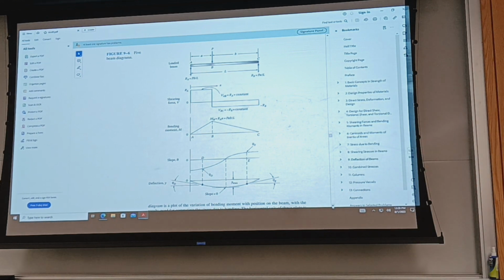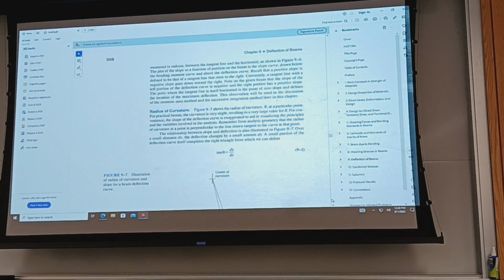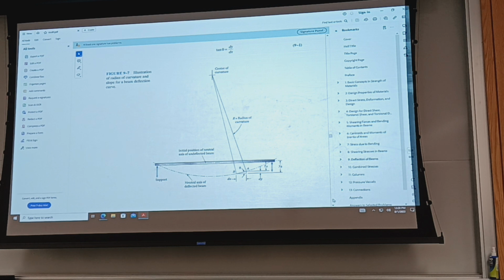We saw the equation earlier from a different source, and the geometric stiffness. In the derivation of the equations that are on Blackboard, we're going to make use of the radius of curvature and curvature of the deflected beam.